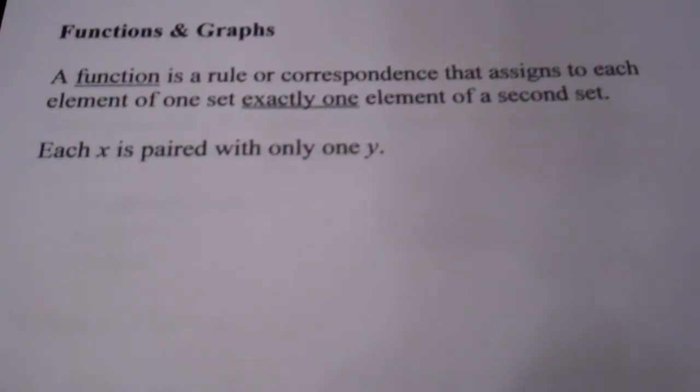So, a rule or correspondence that assigns to each element of one set, that would be the set of x's or inputs, exactly one element of a second set, that would be all the y's or the outputs. So if we say it a different way, each x is paired with exactly one y value, and that's the criteria for something to be a function.